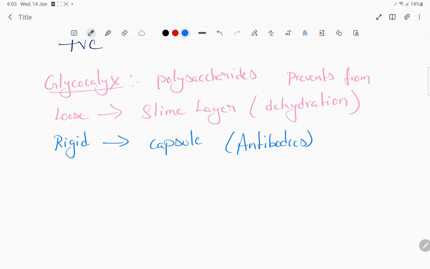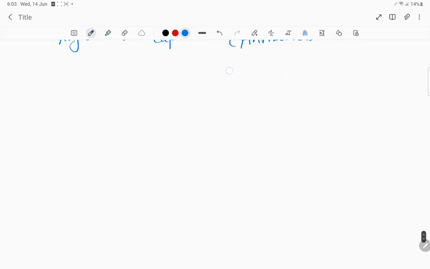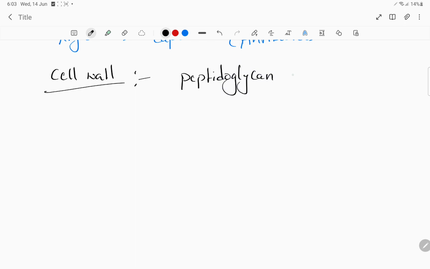And next, cell wall. We already know it is made up of peptidoglycan, or you can also call it murein or lipopolysaccharide.